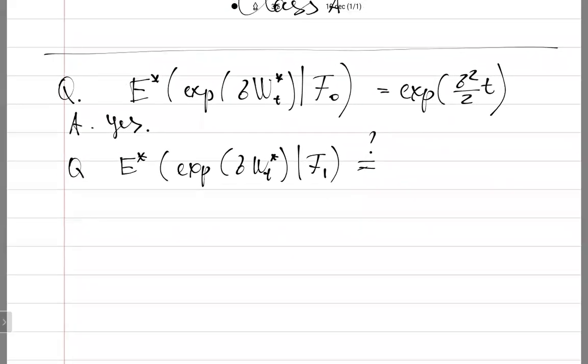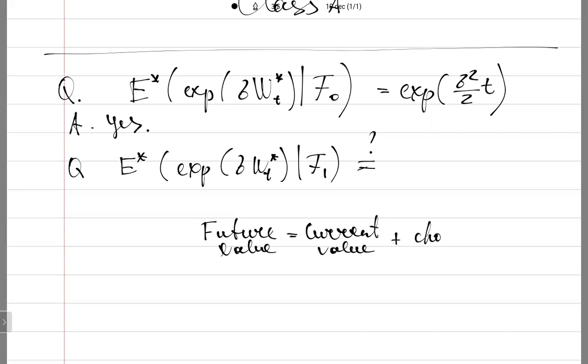It's a good question because the technique is the same. We have applied it. Basically, the idea is to represent the future value as the current value plus change, and in our case, the change is independent.